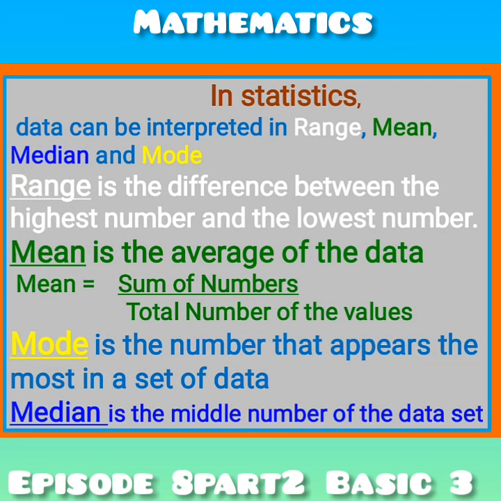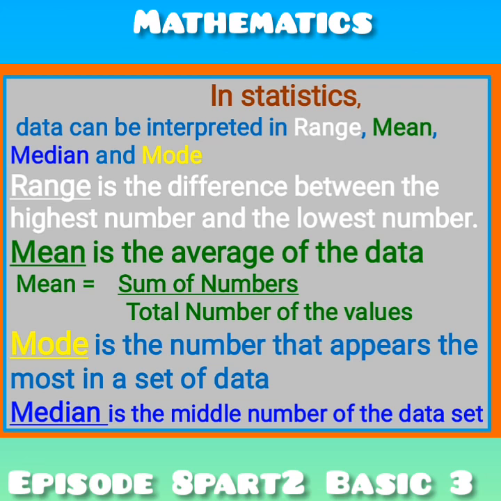Let's consider the definition of the terms. In statistics, data can be interpreted in range, mean, median, and mode. What is range? Range is the difference between the highest number and the lowest number. Mean is the average of the data.